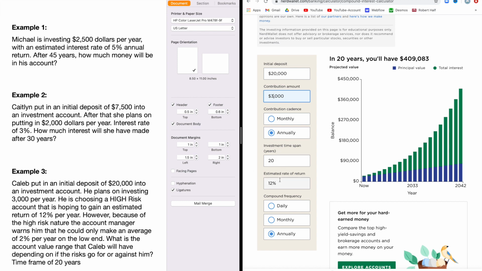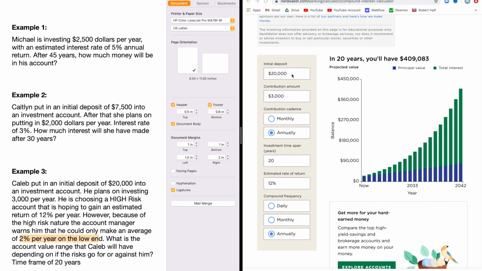20-year investment span, 12%. So the question is, what is the account value range? So that means there's going to be a high and a low end. So again, our high is going to be if it hits the 12% per year mark. But again, the manager warns him that if the risks don't go as planned, it could be around 2% on the low end. So you can do the low first or the high first, it doesn't matter, but let's first find the high since it's already plugged in.